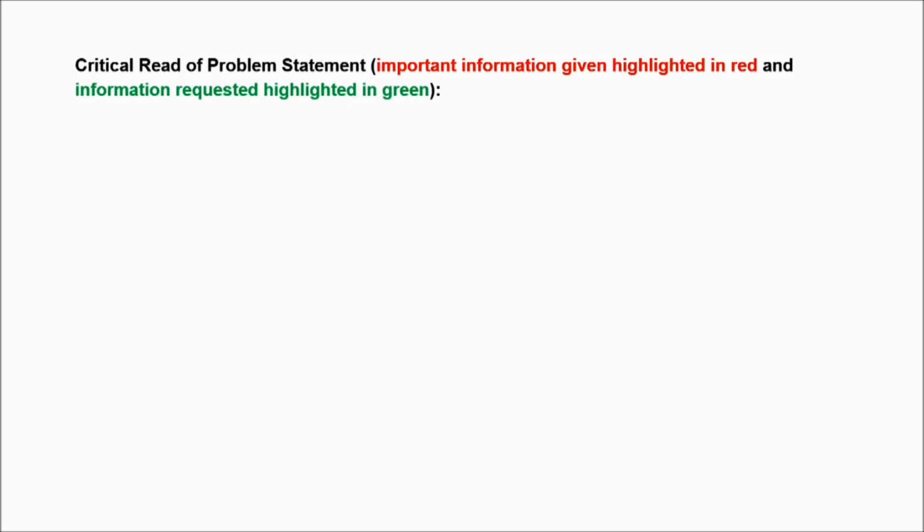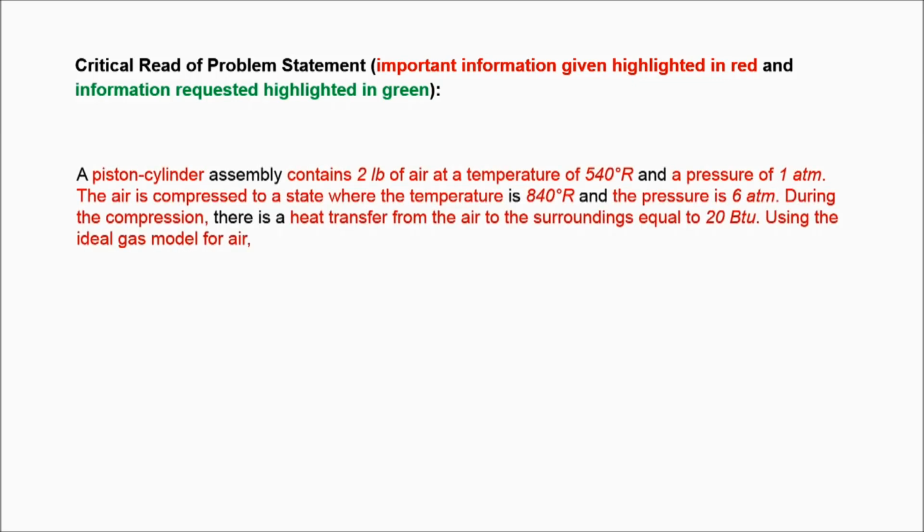First, let's do a critical read of the problem statement, highlighting in red the important information given and in green the information requested. For the given information, here highlighted in red, we have the following. A piston cylinder assembly contains 2 pounds of air at a temperature of 540 degrees Rankine and a pressure of 1 atmosphere.